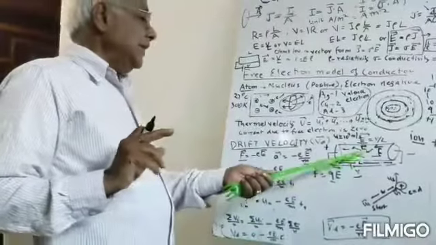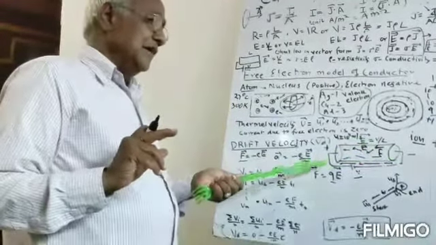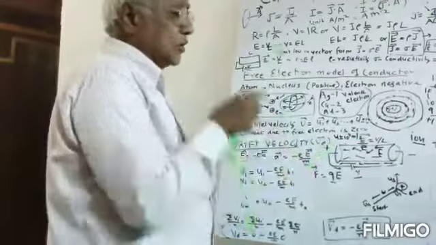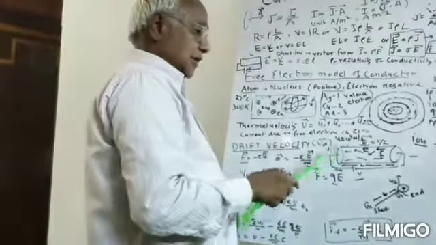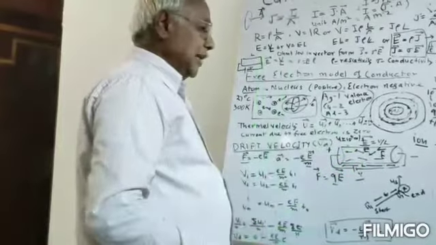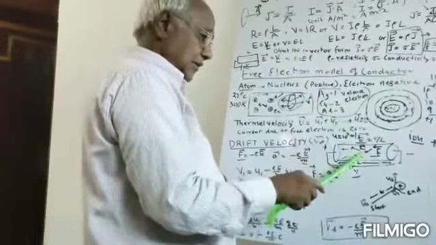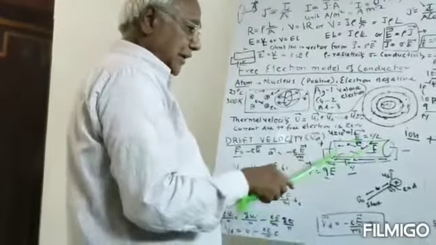So what will be the effect of this electrical field? For the electrons which are in thermal motion, there will now be an additional force, and due to this additional force, the free electron will accelerate in the direction opposite to the electric field.